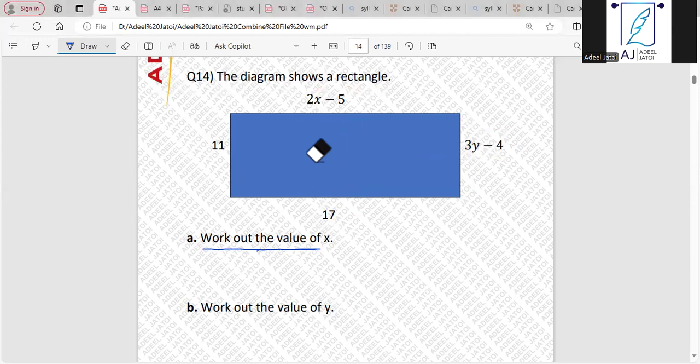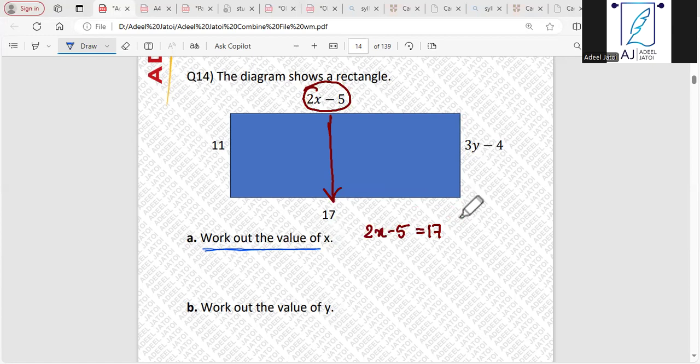So considering this, the question states work out the value of x. Now, where do I find x? I find x here. So can we just write 2x minus 5 equal to 17. So whenever you have an equation, this negative 5 on the left hand side will change to plus 5.